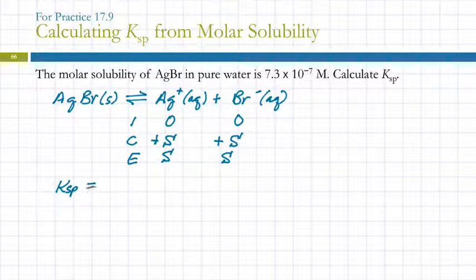KSP is equal then to S squared, right? Silver ion concentration times bromide ion concentration. So I was given S, the molar solubility, so the KSP is going to be that number squared.